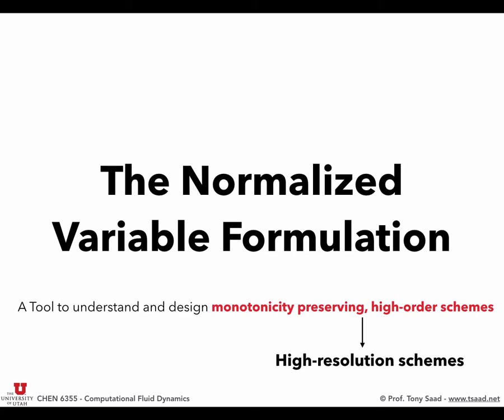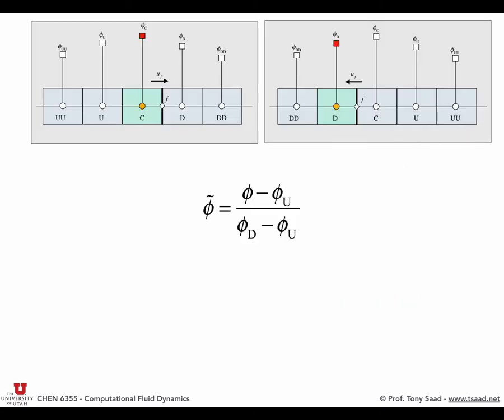Leonard, the person who invented this approach, introduced this function. We define phi tilde as phi minus phi upwind over phi downwind minus phi upwind. So at cell C, phi tilde C is equal to phi C minus phi upwind over phi downwind minus phi upwind. That's just one way to normalize things; the TVD framework normalizes in a different way.